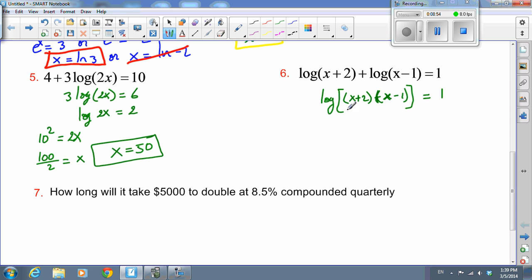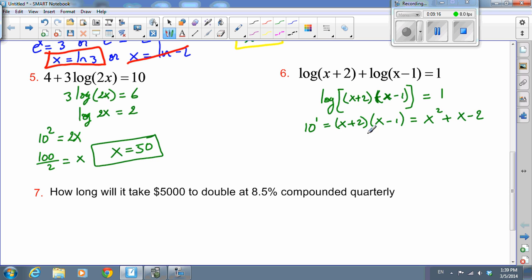Now that I condensed it, I would change it into exponential by saying, once again, this is 10 when there's nothing. 10 to the power of 1 is equal to x plus 2 times x minus 1. By the way, x plus 2 times x minus 1 is x squared plus x minus 2.